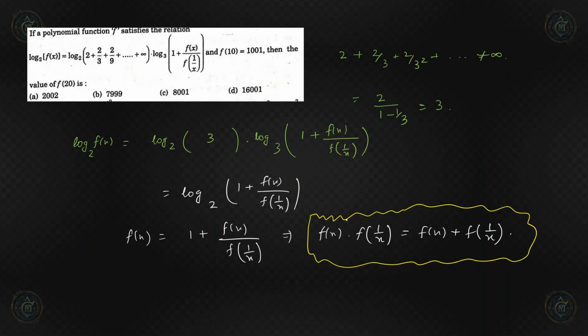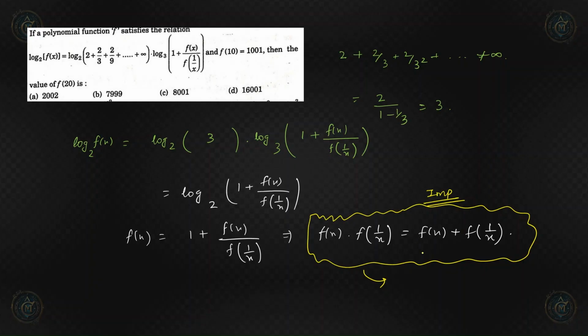This is a very important functional equation. Various questions have been asked in previous year JEE Mains based on this functional equation. We have to note the solution of this functional equation if f is a polynomial function. Remember, we are saying f is a polynomial function.